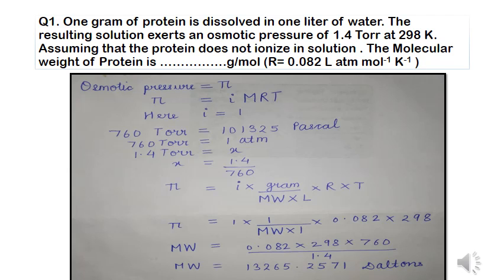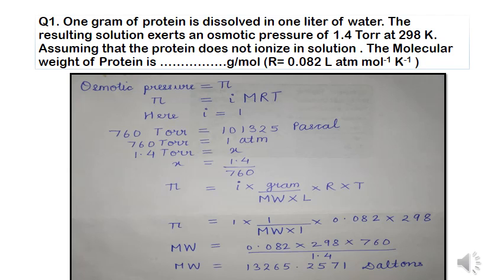R is the universal gas constant, and T is the temperature, which is given in kelvins. Make sure that you convert 1.4 torr into atmospheric pressure, because the unit of R here given is 0.082 liter atmospheric pressure per mole per Kelvin. The relation between torr and pascals, which is Newton per meter square, is 760 torr is equal to 1,01,325 pascals or Newton per meter square, which is equal to 1 atmospheric pressure.